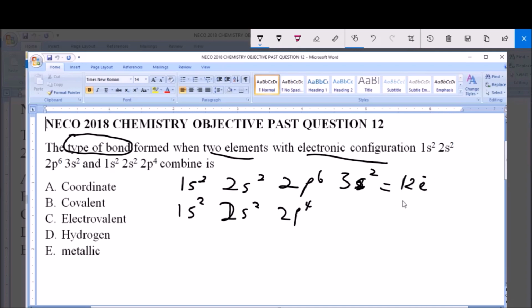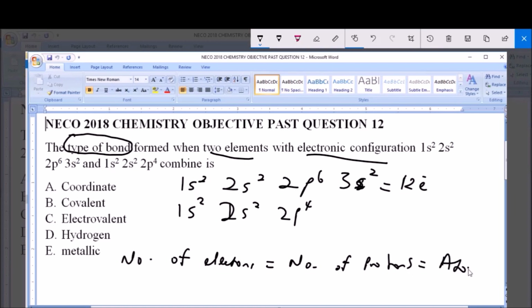And the number of electrons is equal to the number of protons, and number of protons is equal to the atomic number. So if an element has 12 electrons, it means it has 12 protons, and then it means its atomic number is 12, and atomic number 12 is magnesium.